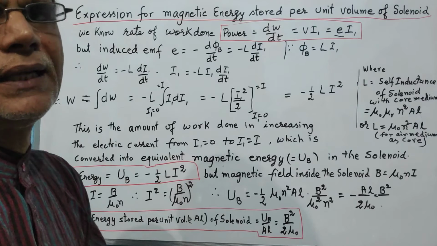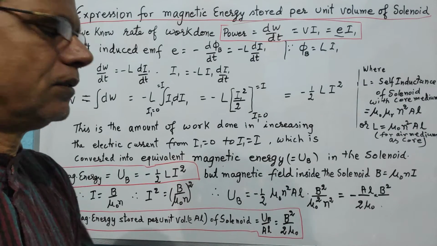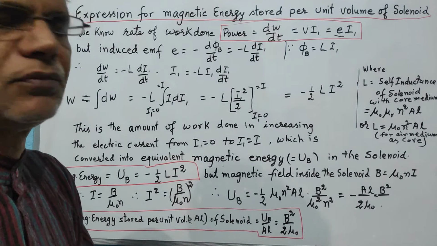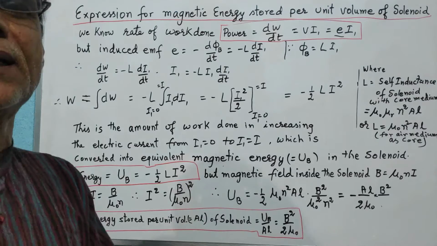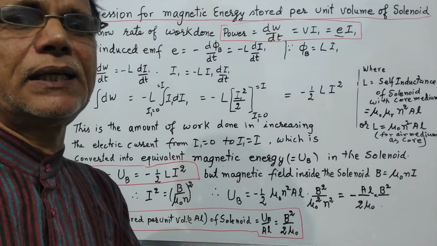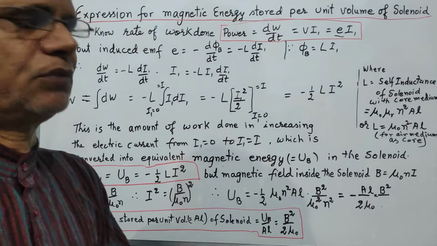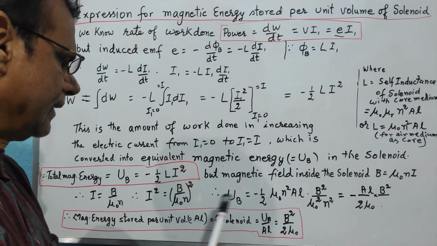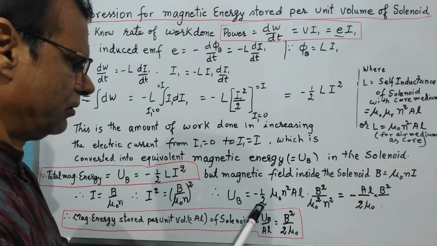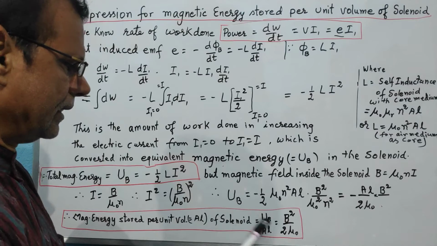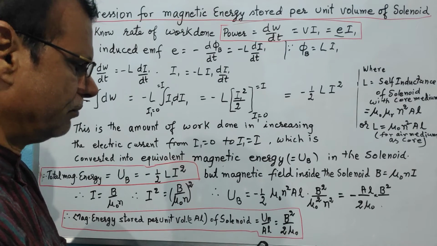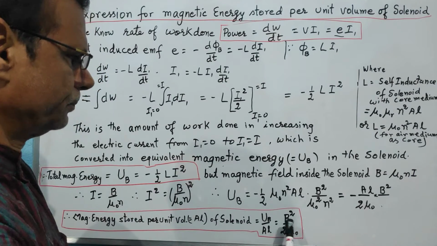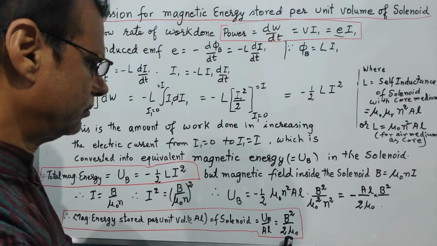Now if we find the magnetic energy stored per unit volume, we divide this total magnetic energy by the volume of the solenoid. The volume of the solenoid is the cross-sectional area times the length, A l. So if we divide by A l, we get the magnetic energy stored per unit volume: U_B by A l, where A l cancels, leaving B square by 2 mu 0.